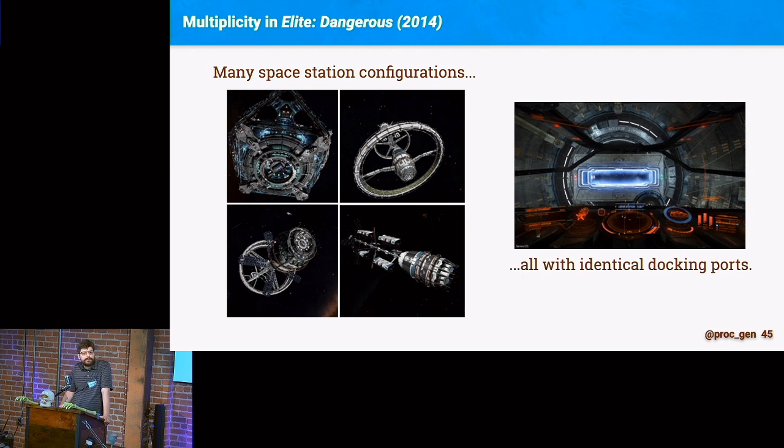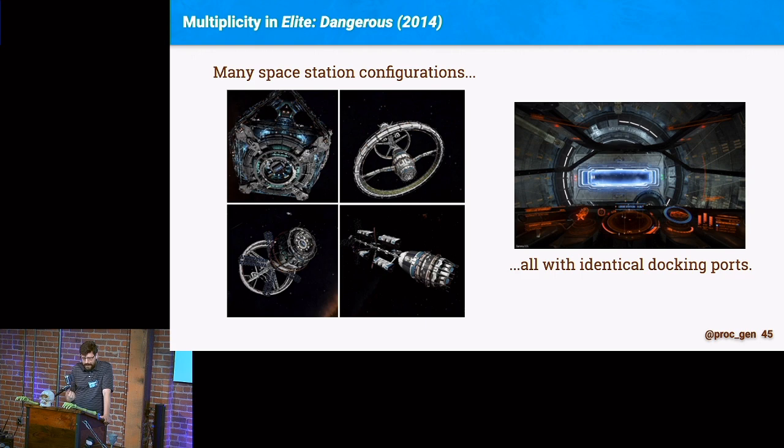My go-to example for this is that when the game Elite Dangerous was released, they had this amazing space station generator that generated all these different kinds of shapes for the different stations you can visit. But because of how the docking gameplay worked, they all had exactly identical docking ports. So whenever you were going to dock your ship, you always saw something that looked very close to this screenshot on the right.